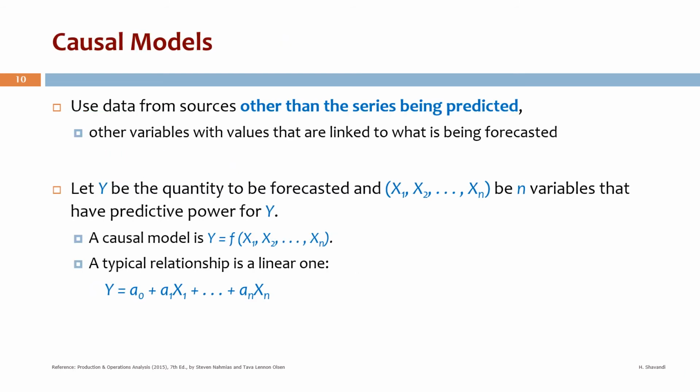In the causal models, usually we have several independent variables, and the values of those variables have an impact on the value of the variable whose future value we're going to forecast.